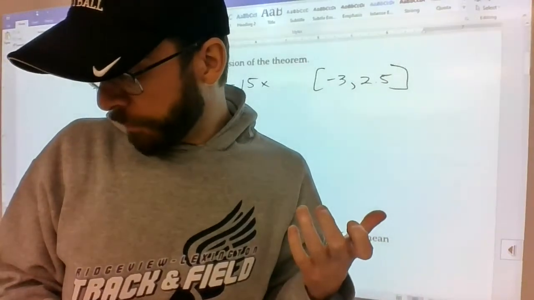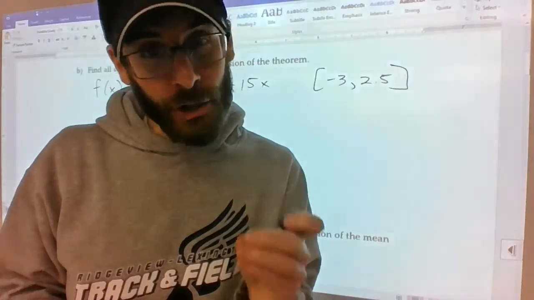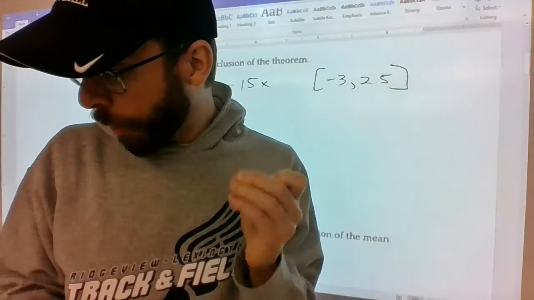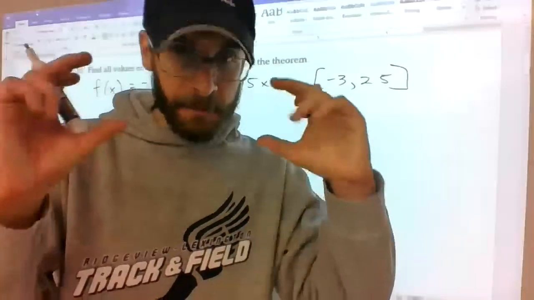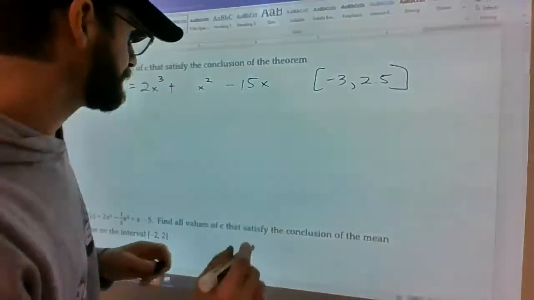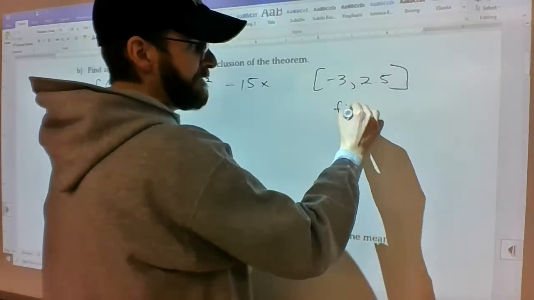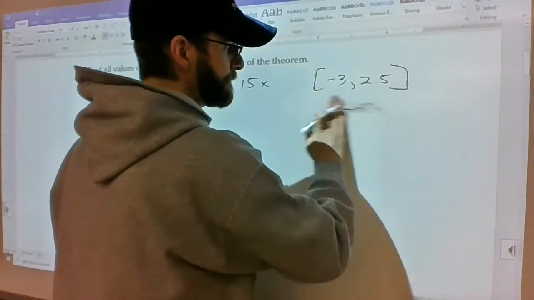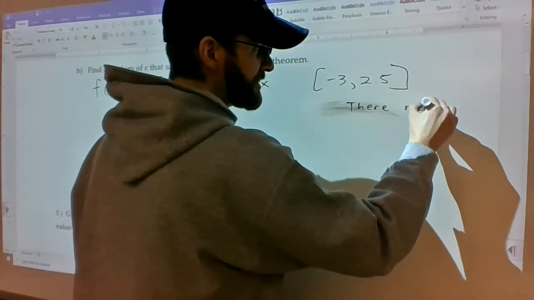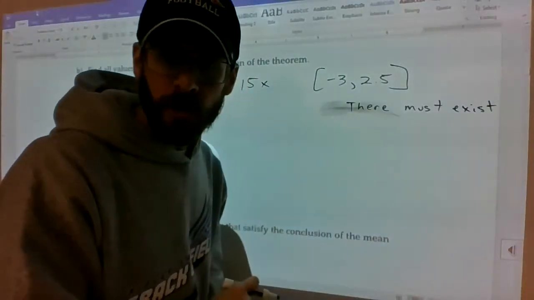Well, the conclusion of Rolle's theorem is that there is at least one point c in between a and b such that the derivative equals 0 there. So, in a nutshell, what it's saying is there must exist at least one critical number.